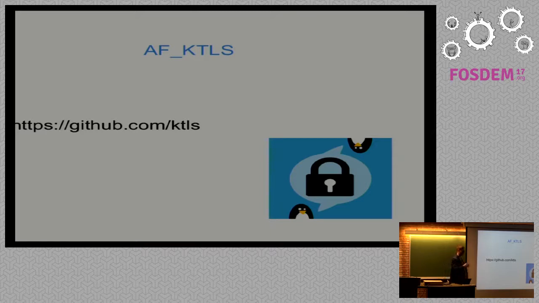So we return some kind of value that is the error state, and then you have to ask the kernel for the key material in order to proceed with, for example, negotiation of new keys. And then again, you have to use OpenSSL or GNU TLS for that. And if you want to use AFK TLS again, then you have to ask for the information from GNU TLS or OpenSSL.